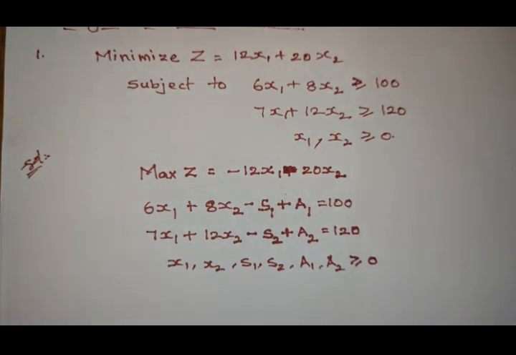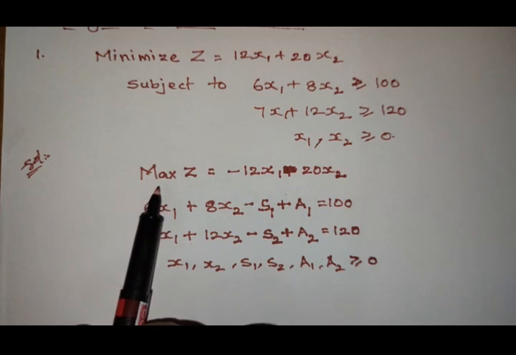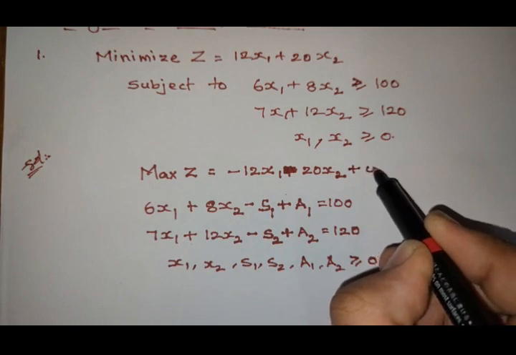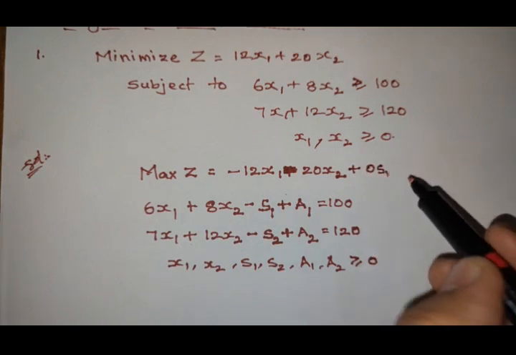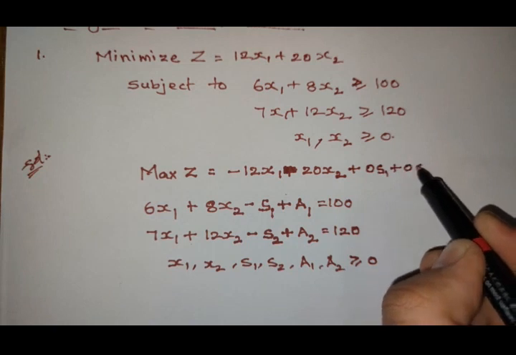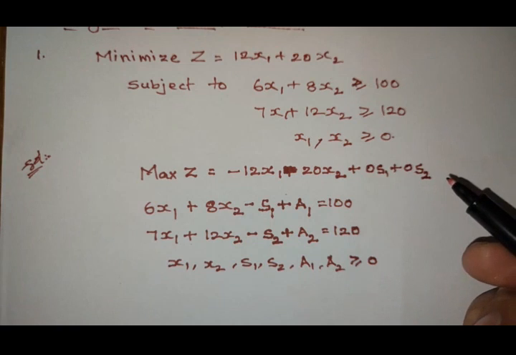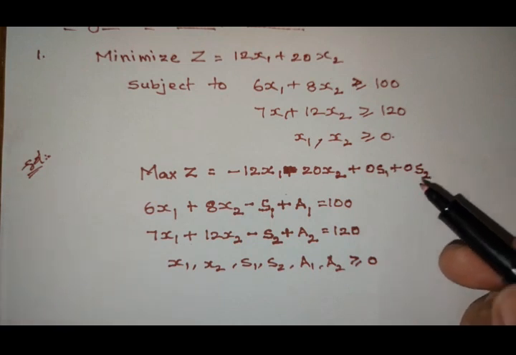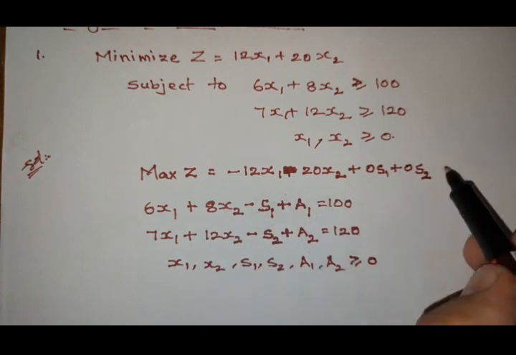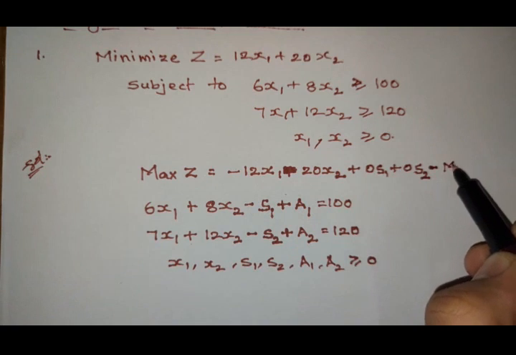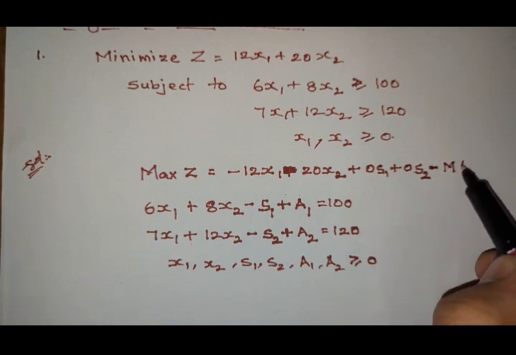Next we need to write the slack variables and artificial variables. The objective function is of maximization type, so we add positive slack variables here: plus 0s1 plus 0s2. Then next we write the artificial variables. If maximization type is there, then we add artificial variables with a coefficient of minus M: minus M a1.